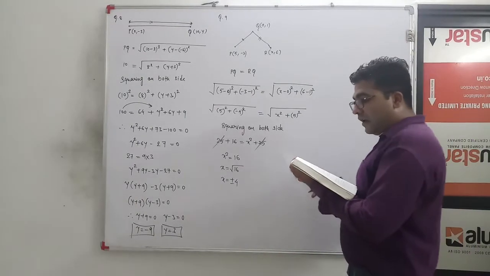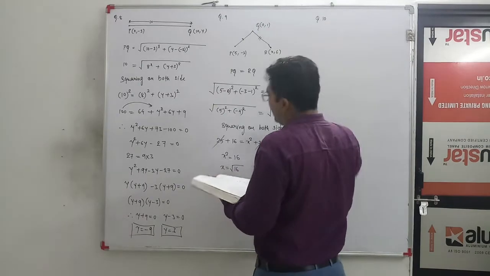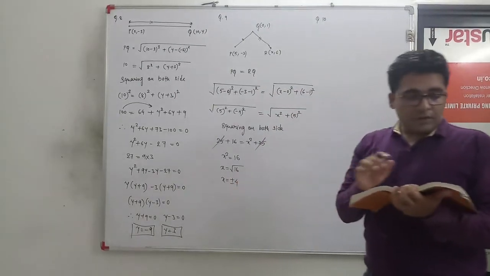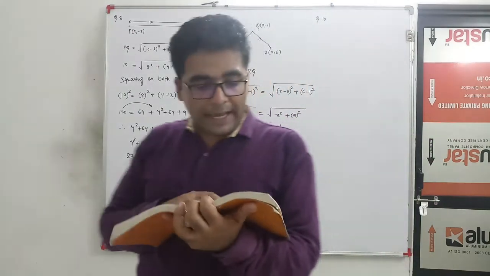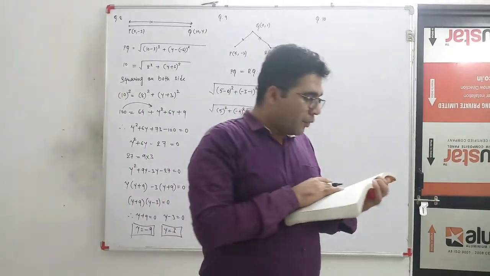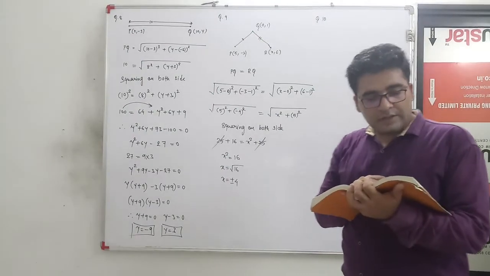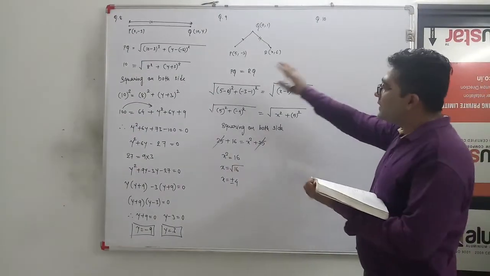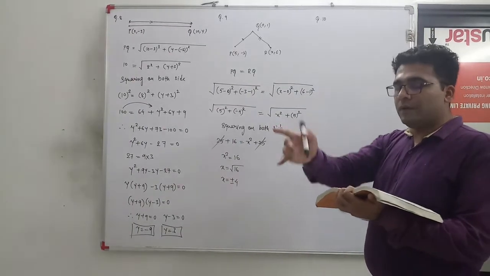Now let me see the last question of the exercise, question number 10. Find a relation between x and y such that the point (x, y) is equidistant from the points (3, 6) and (-3, 4). It is the same question asked for the third time in a different way.